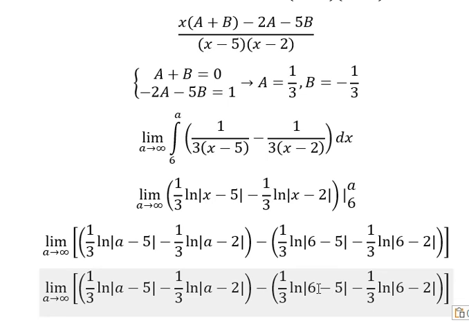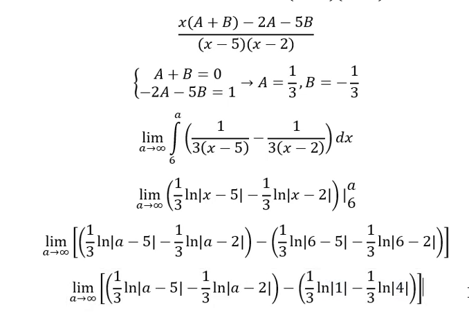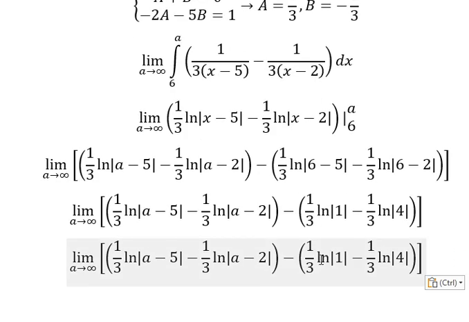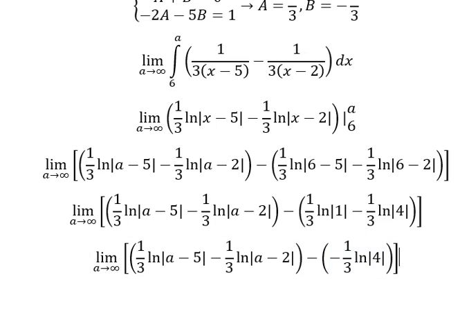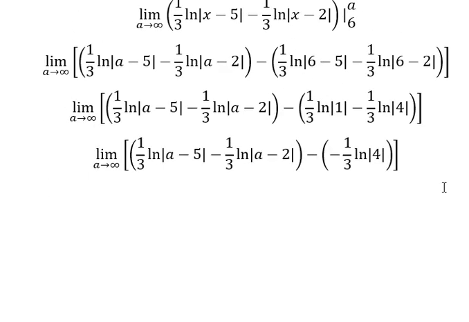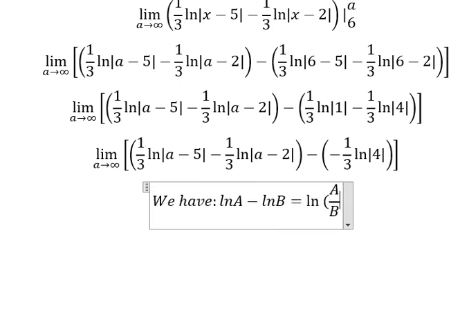So this one we have 1, this one we have 4. Ln 1 you got 0. Now we have the formula in here. Ln a minus ln b equals ln of a over b.